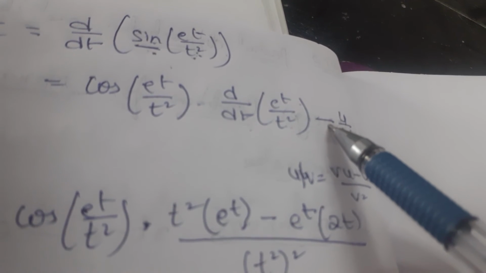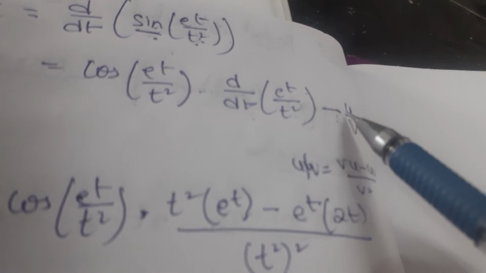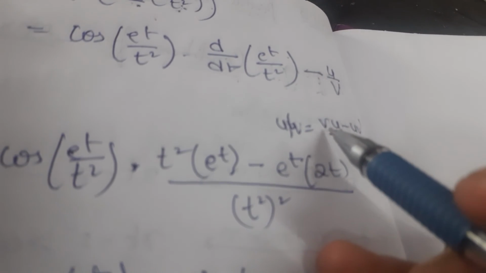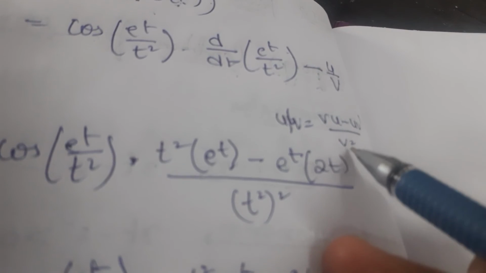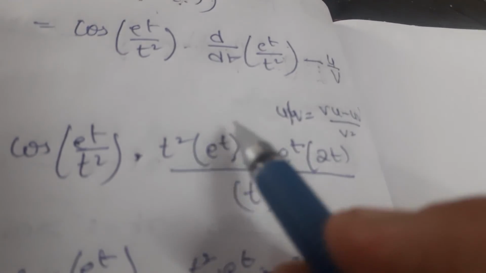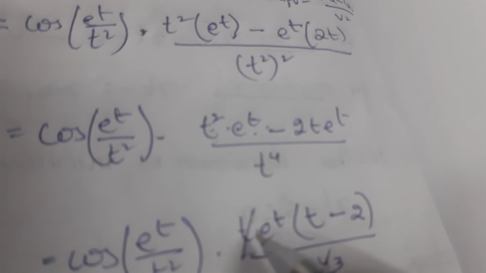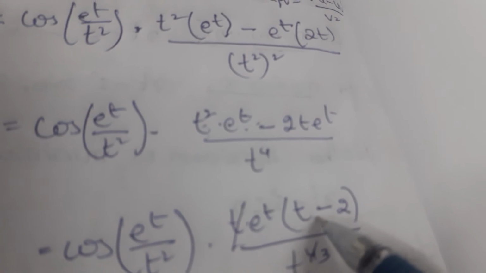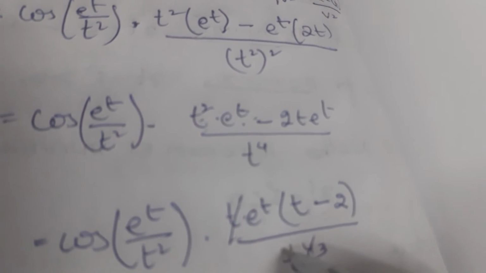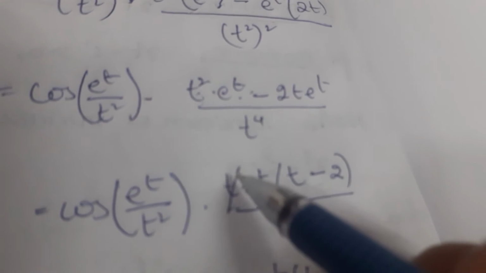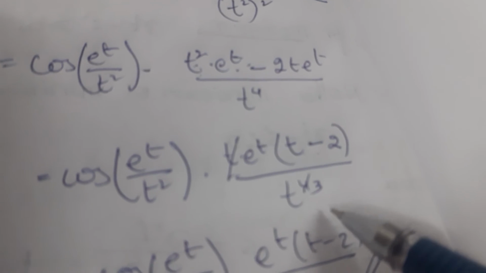Now it is in the form of u by v. We have to solve this by using the u by v formula, that is v u dash minus u v dash by v square. I have substituted according to the formula and taken t e power t common. So the leftover term is t minus 2 by t cube. T and 1 t get cancelled, so it becomes e power t into t minus 2 by t cube.